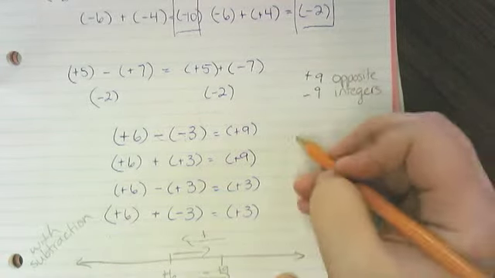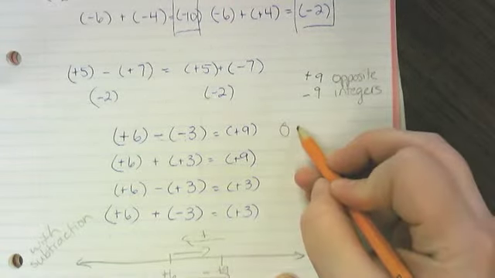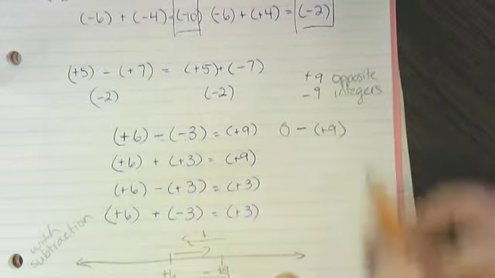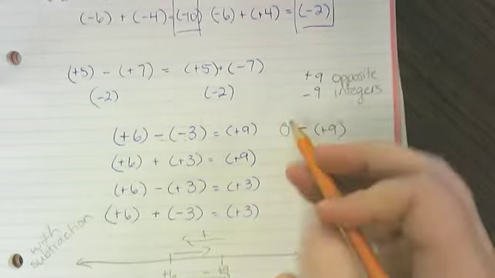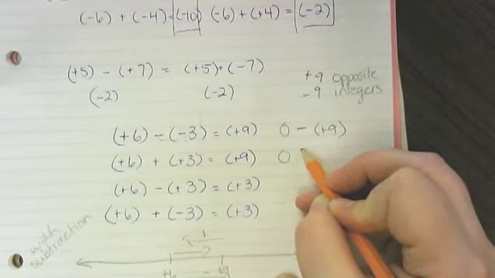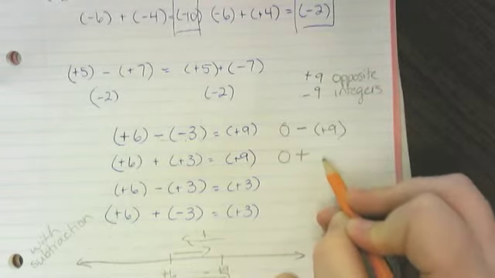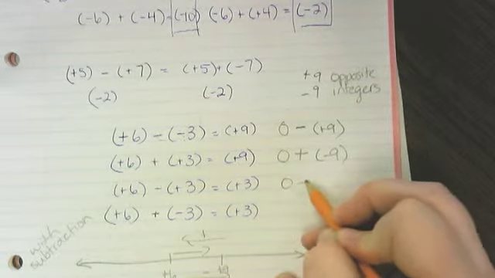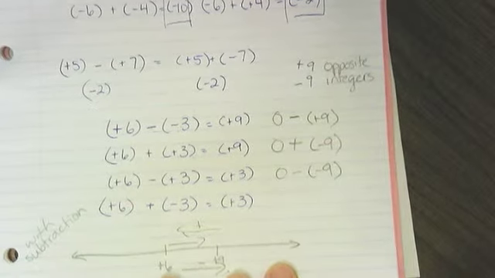If I start at 0 and I subtract positive 9, it is like adding the opposite integer, which would be 0 plus negative 9. If I am subtracting negative 9, it's like adding the opposite integer.